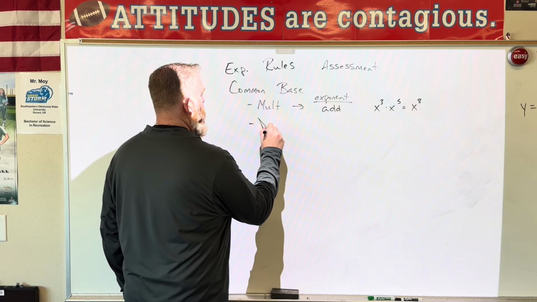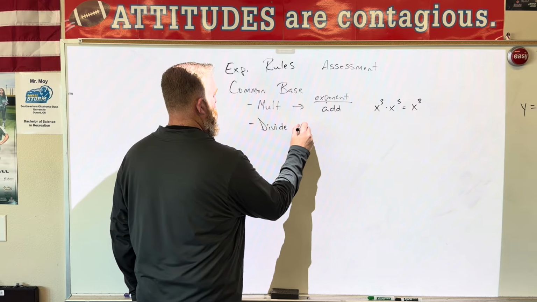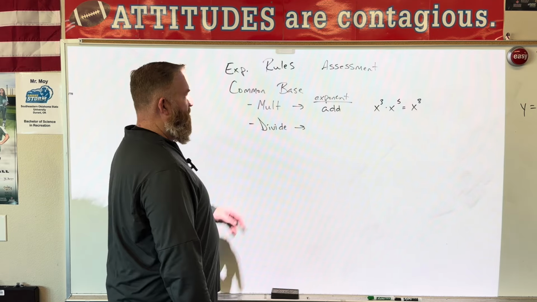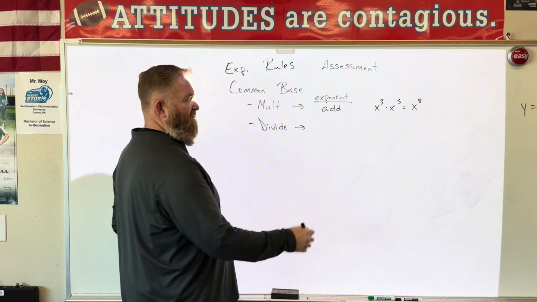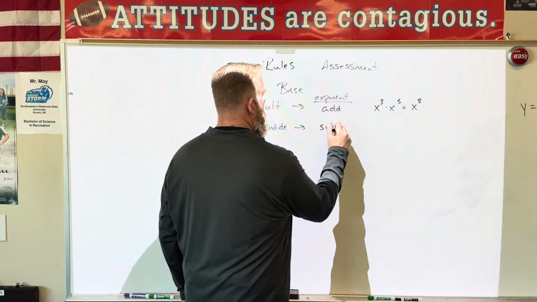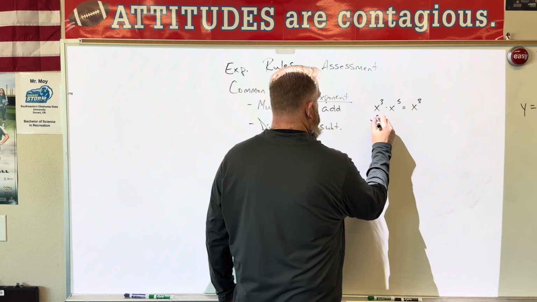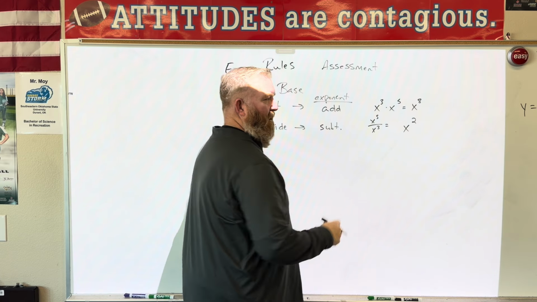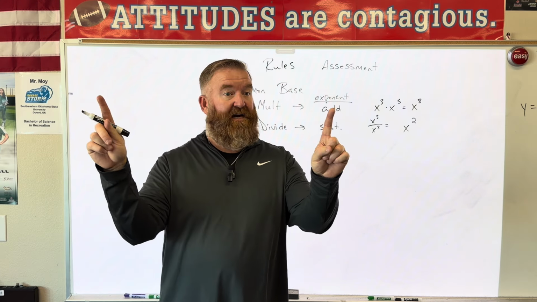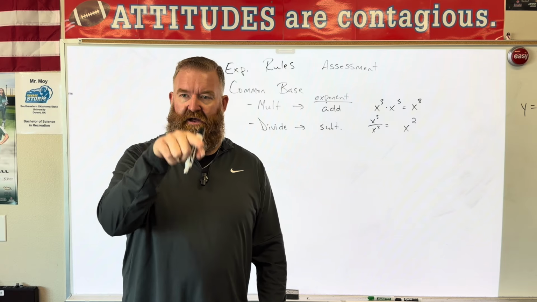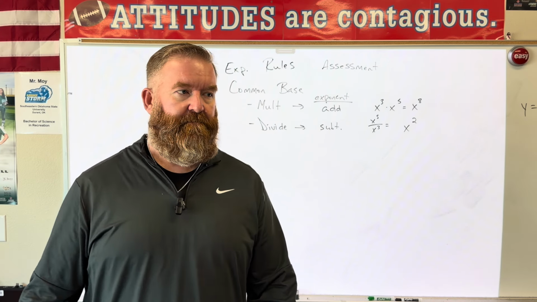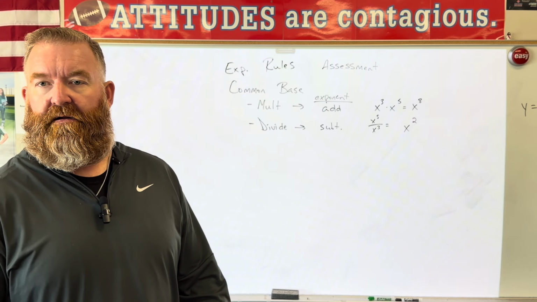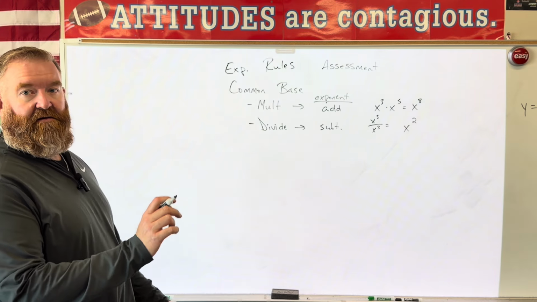When you divide, what do you do with the exponents? If you multiply, you add. It's opposite. You subtract these. So we would have like x to the fifth over x to the third. That's x to the second. Remember, that would be like listing out x 5 times over x 3 times, and you can cancel them out. Remember that? Do I need to show that to anybody? See some no's. Everybody's good?